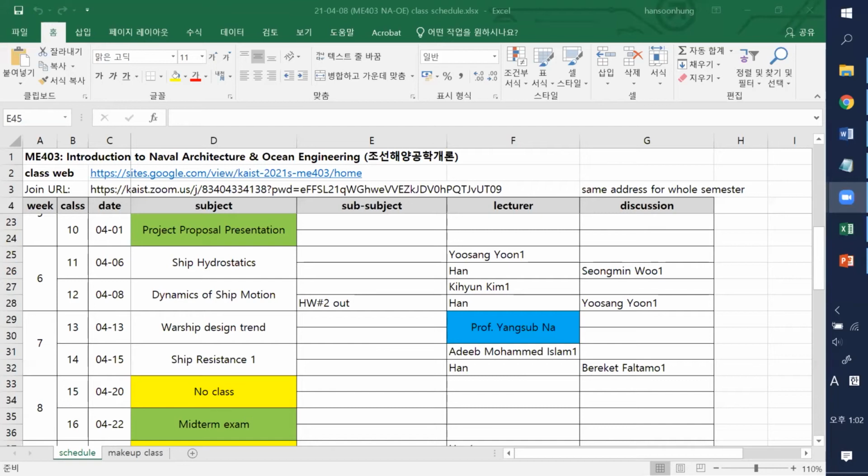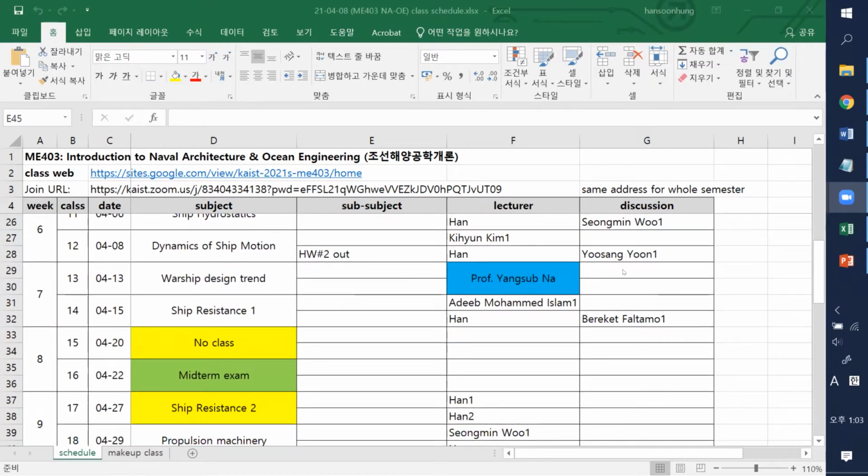So today the schedule is like this one. Okay, so we had a nice lecture from Professor Na about warship design last time.